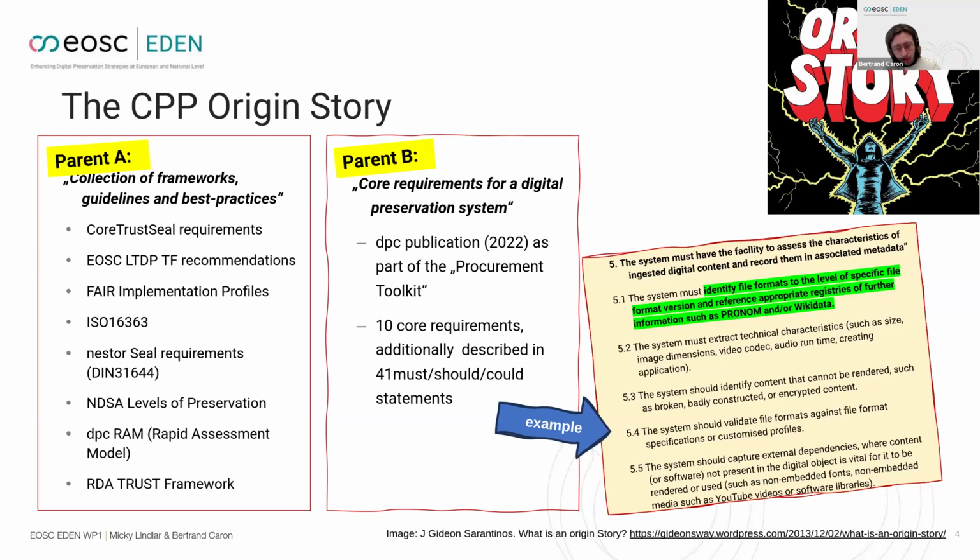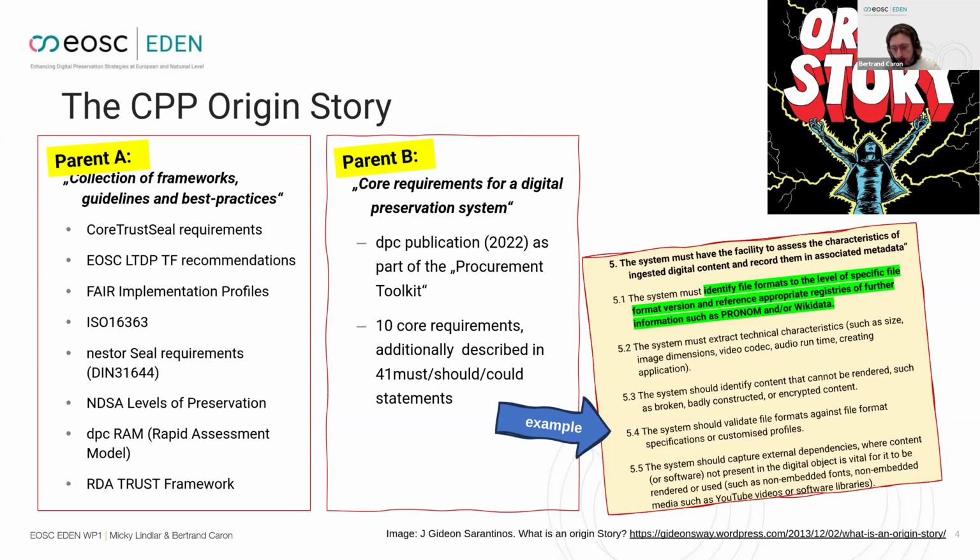We had to start from an initial list, and the most relevant list that we could find was within a resource published by the Digital Preservation Coalition called the Procurement Toolkit. Within this set of resources, one is called the core requirements for a digital preservation system.